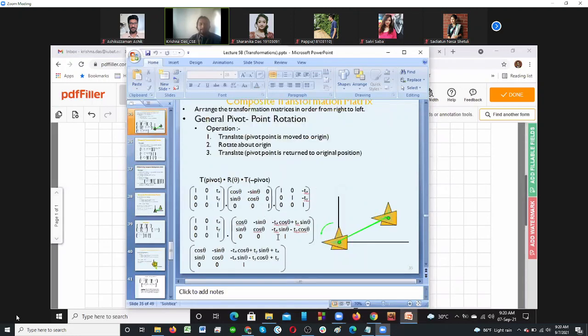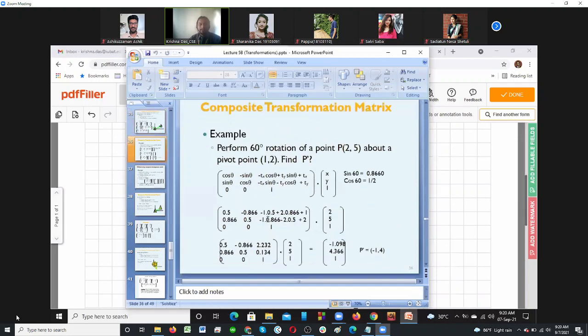Now you can see here that we need to rotate about the origin, and then we will again do the translation back.